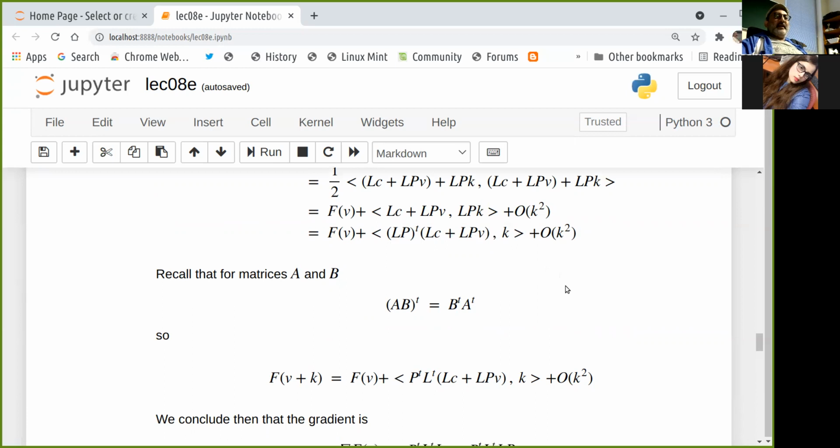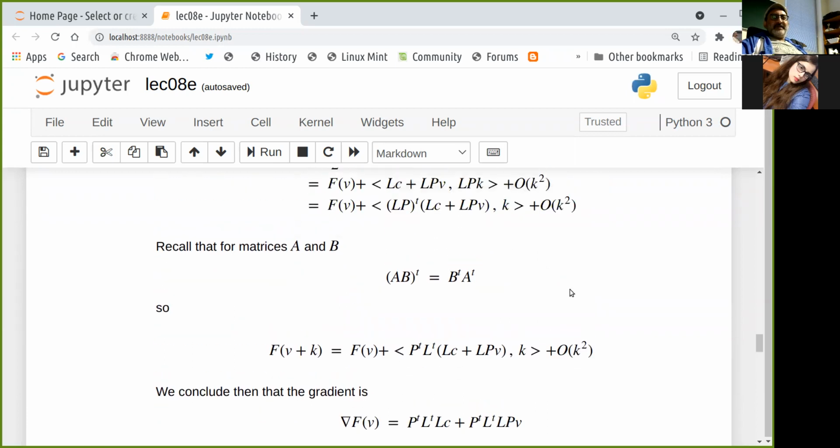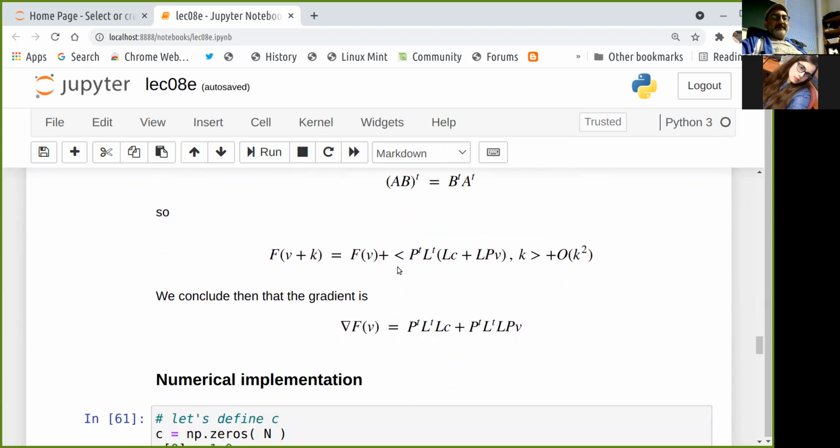Also remember that (AB) transpose equals B transpose A transpose. So this becomes f of v plus k is f of v plus the inner product of P transpose L transpose times Lc plus LPv with k, plus terms of order k squared.